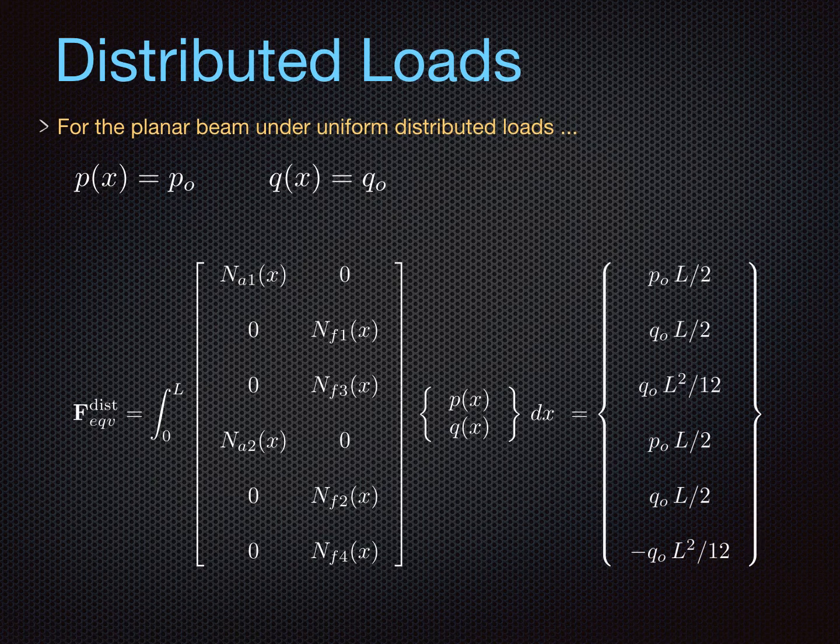If you then carry out the integrals, you obtain these quantities. So the equivalent distributed nodal load for a beam that is loaded with a constant axial load and a constant transverse load is as follows. And these quantities should be no surprise to you because they're exact for the problem at hand, and that is simply because we're dealing with the correct shape functions for this problem.